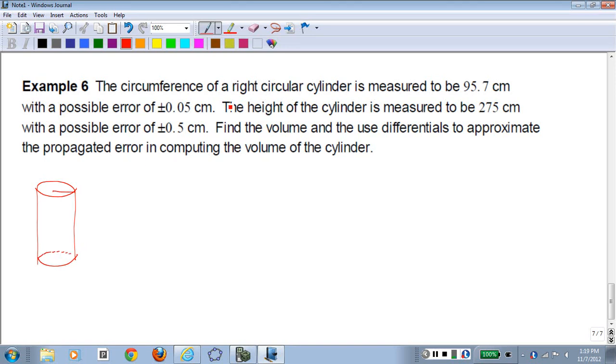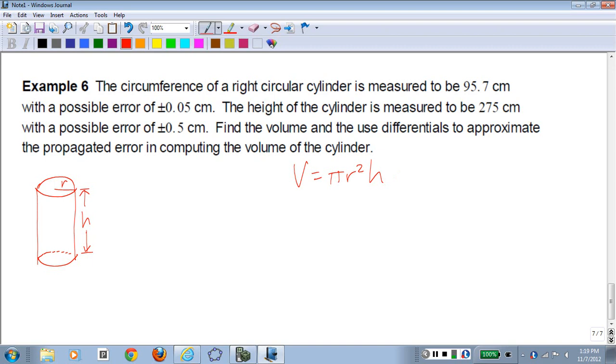In terms of the radius and the height, the volume is the area of the base times the height. So pi r squared times h.